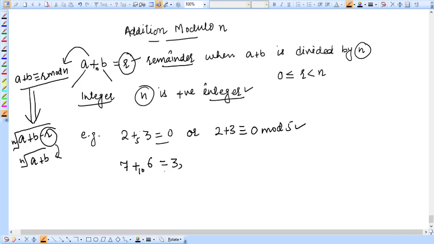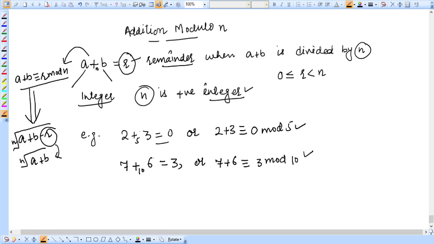Because 7 plus 6 is equal to 13. 13 when divided by 10 we get 3 as a remainder, right? So it can be also written in another way: 7 plus 6 is congruent to 3 modulo 10, right?